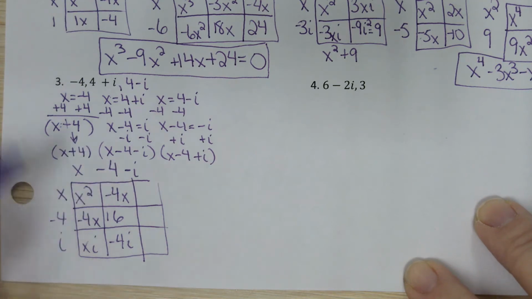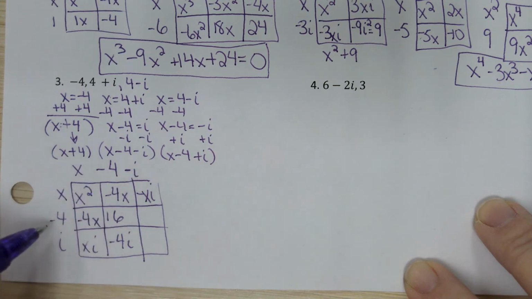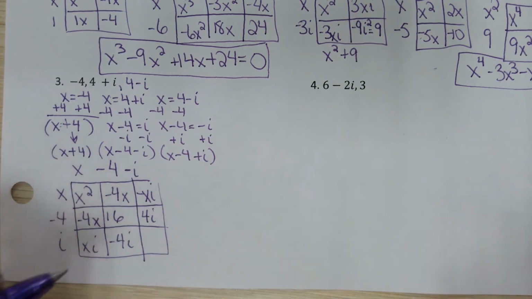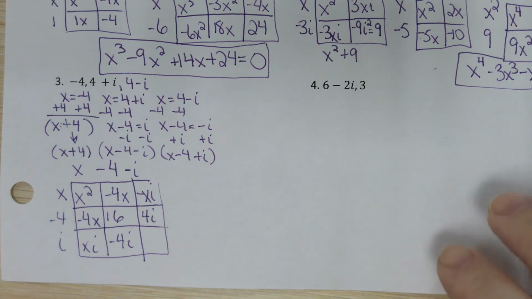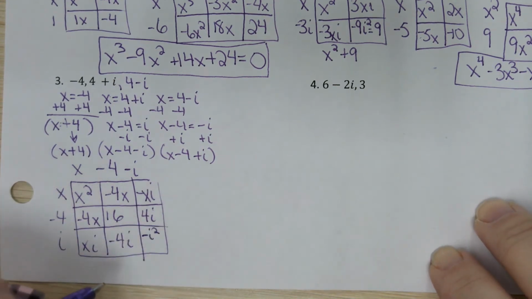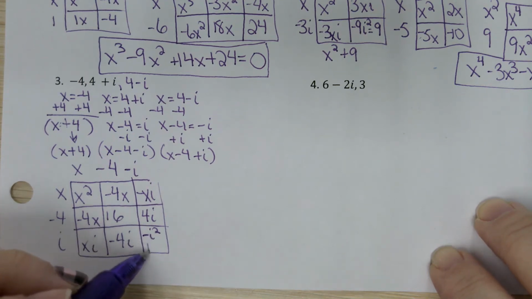Negative i and x, negative xi. Negative i and negative 4, positive 4i. And then we have negative i and positive i, and that gives me negative i squared. I squared always equals negative 1, so that means that we have negative negative 1 or positive 1.